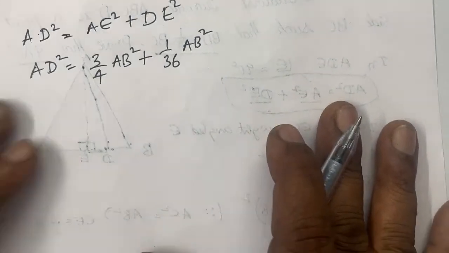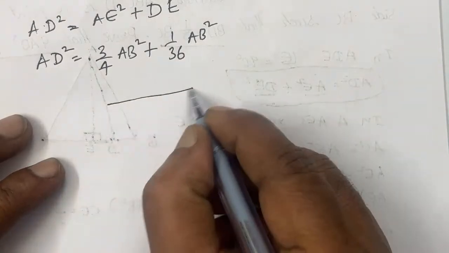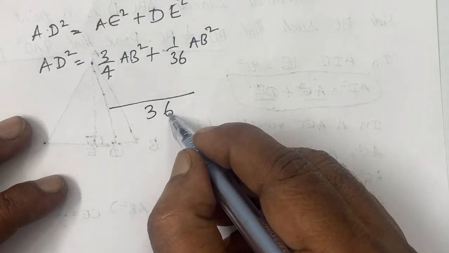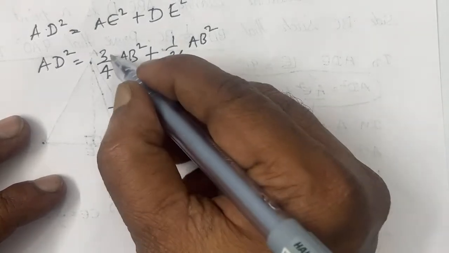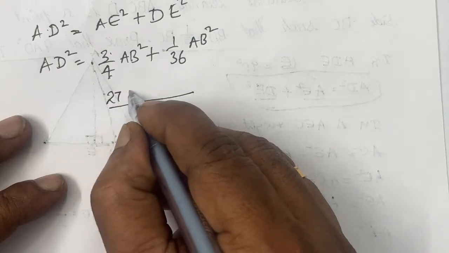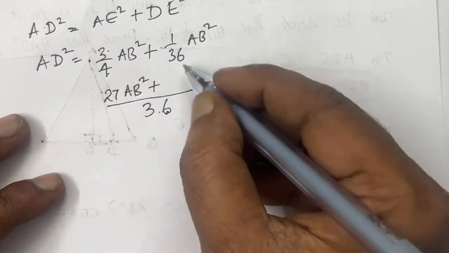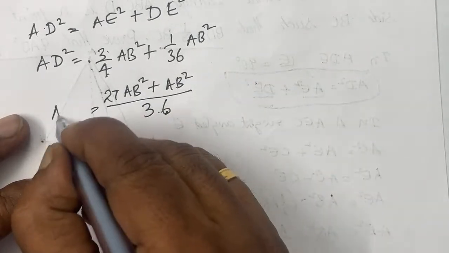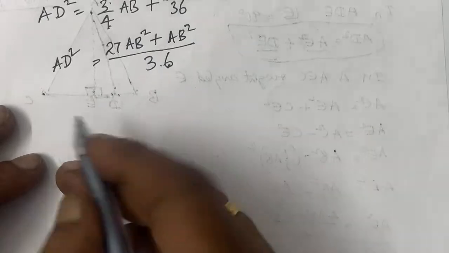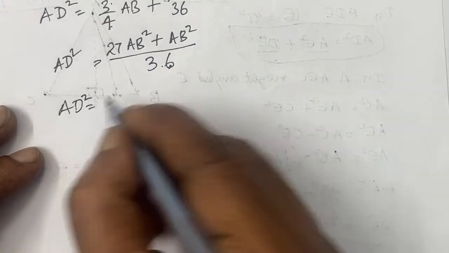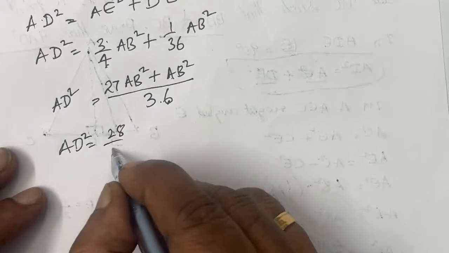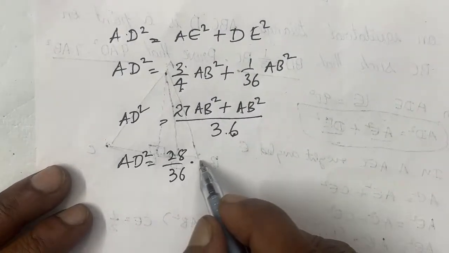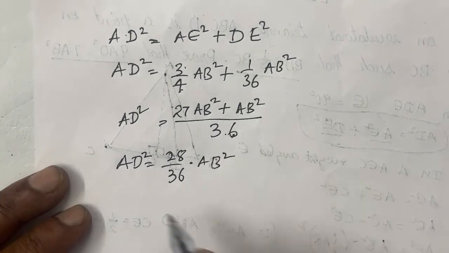Now I'm taking the LCM of this. LCM is 36. So 4 will go into 36 9 times, 9 3s are 27. 27 AB square plus 1 AB square is equal to AD square. Next, AD square is equal to 27 plus 1, 28 by 36 AB square.